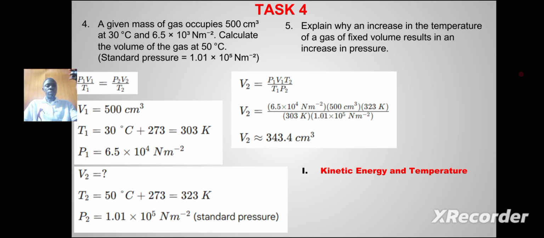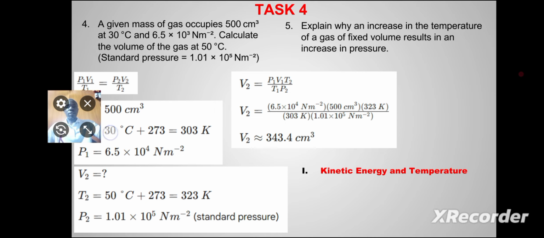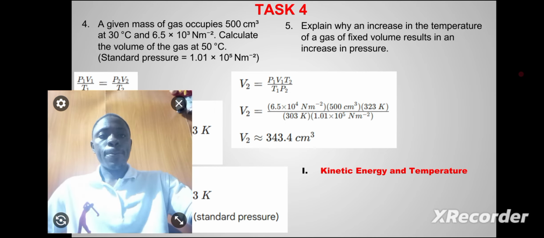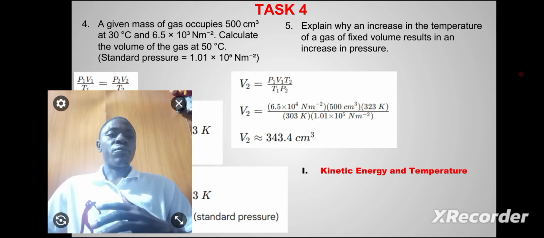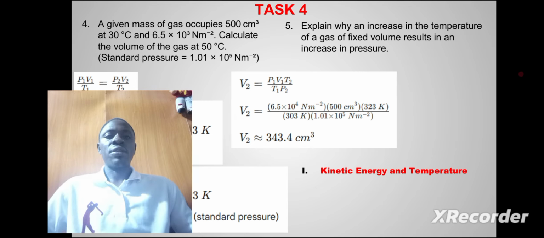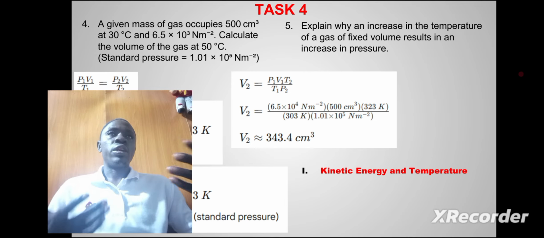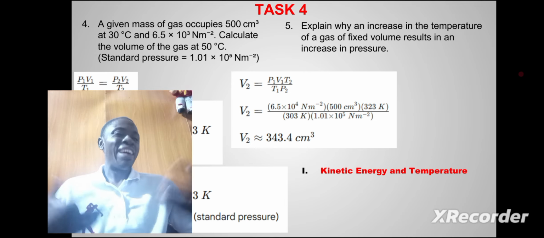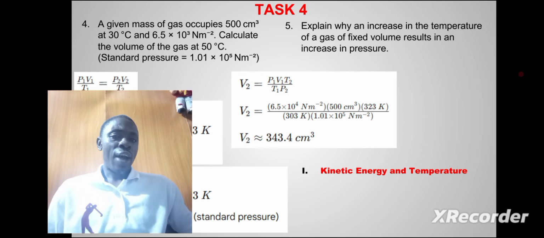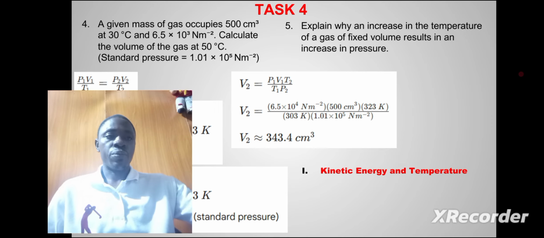I did mention while we were stating the kinetic theory of gases that the higher the kinetic energy of gas molecules, the higher the temperature, and the higher the temperature, the higher the kinetic energy. So when gas molecules move with higher energy, they will exert higher pressure. That is why an increase in temperature leads to an increase in pressure.